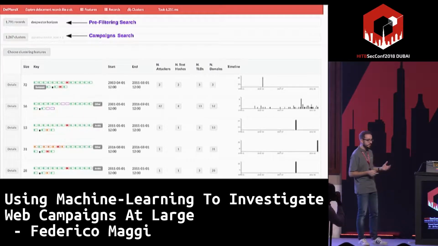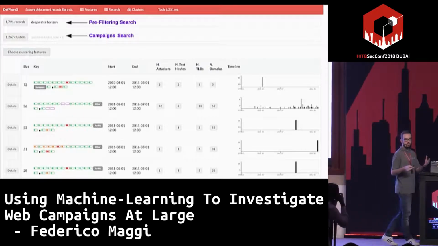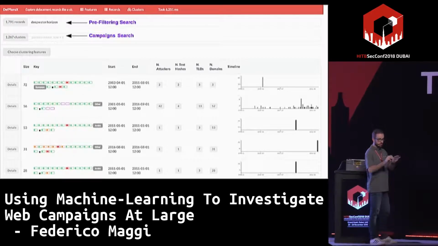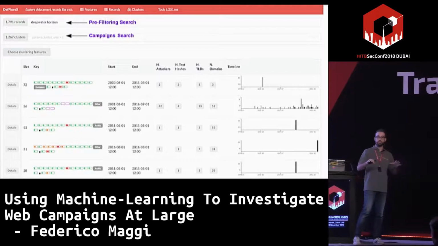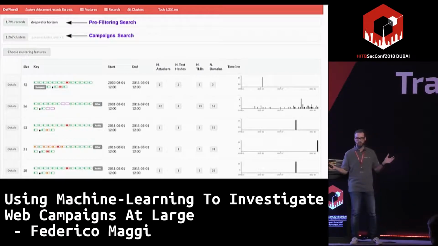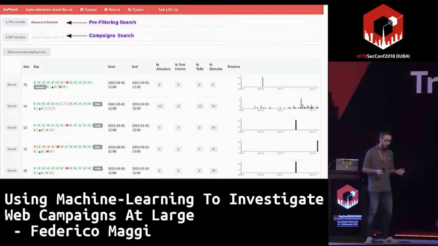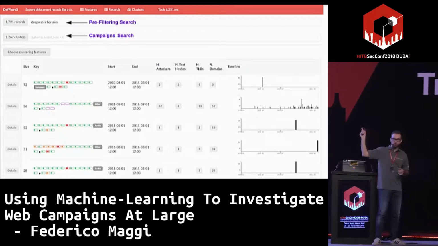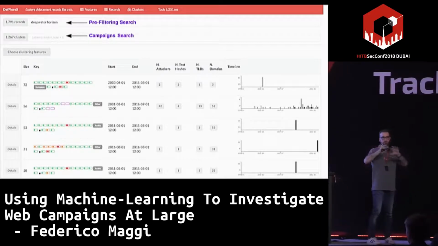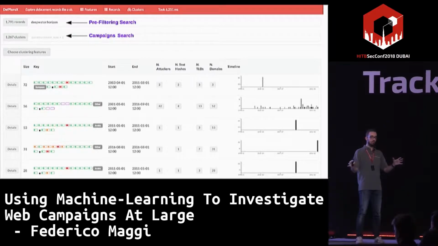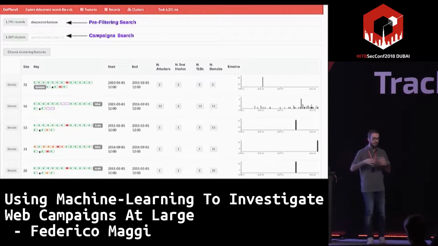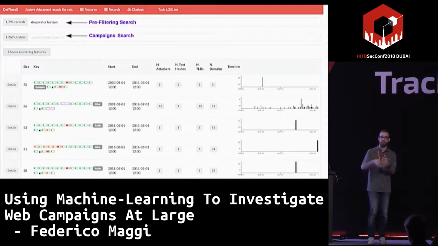But what you have is essentially a pre-filtering search. We're using Elasticsearch as a backend, so you can use the same Elasticsearch syntax to run your query with time ranges and everything that Elasticsearch supports. We are in the cluster phase here. Once you have decided, okay, I want to cluster only the pages that contain the keywords Deepwater Horizon, you can then refine your search after the clustering.